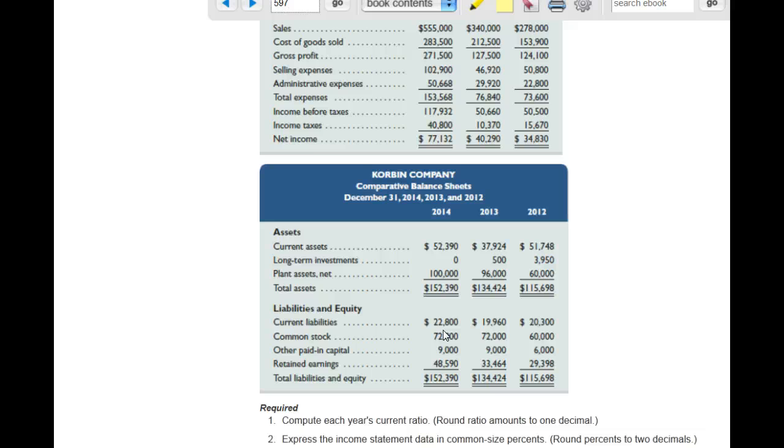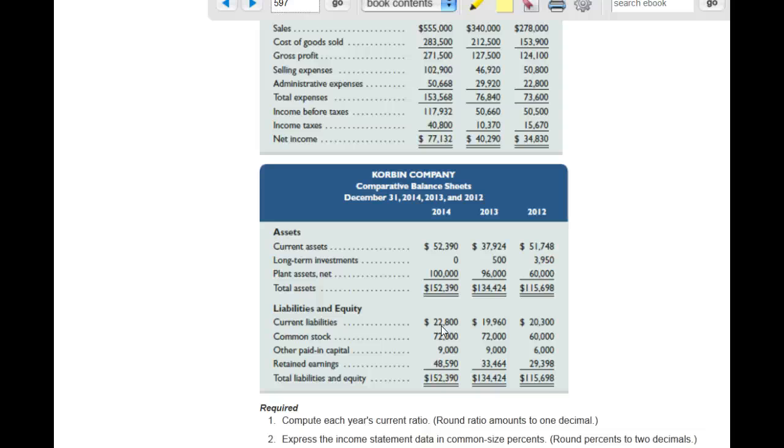So things like cash, accounts receivable, inventory, prepaids, those things would be current assets, not plant and equipment, not computers, not buildings, not cars, not trucks, nothing that lasts more than a year. Current liabilities reflects those things that you're going to be paying within the next accounting period, usually a year. So that's accounts payable, taxes payable, interest payable, things like that, wages payable.